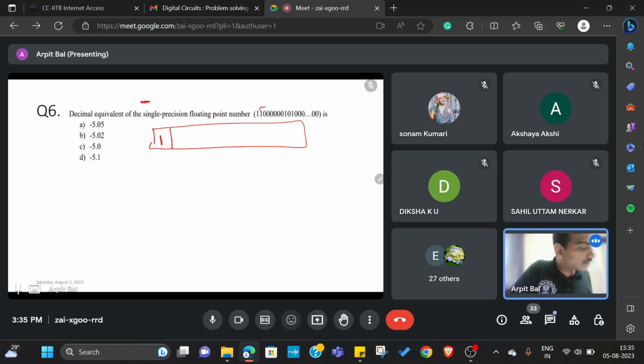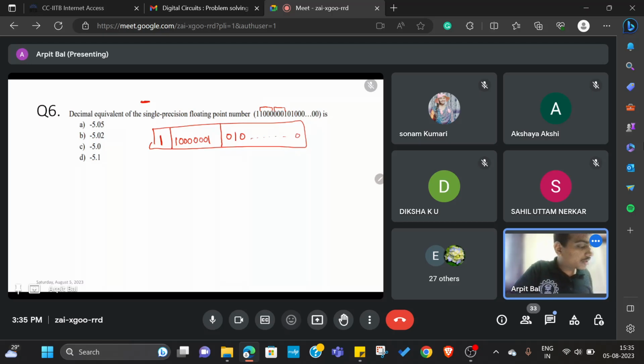This is 1, 2, 3, 4, 5, 6, 7, 8. So we have the exponent as 1, 0, 0, 0, 0, 0, 0, 1. Then let's write down the significand bits, that is 0, 1, 0, 0, 0, 0.